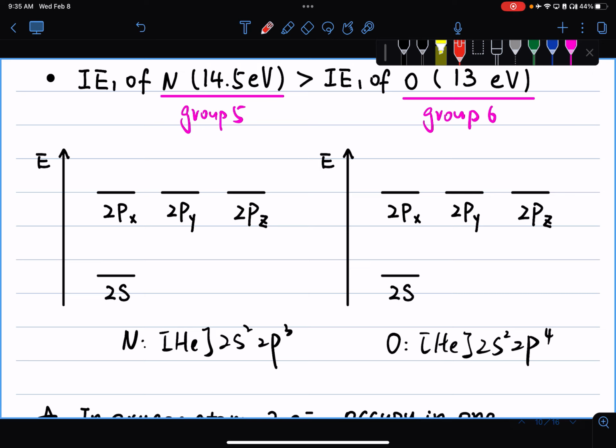If we put the electrons into the atomic orbitals, for nitrogen, in the p atomic orbitals, all electrons are singly occupied. We don't have the electron pairing energy penalty. But in oxygen, we need to start pairing the electrons in the p atomic orbitals, and that sacrifices some electron pairing energy, which is disfavoring.